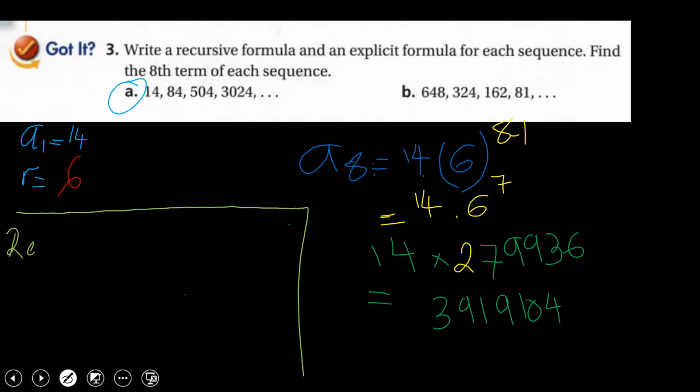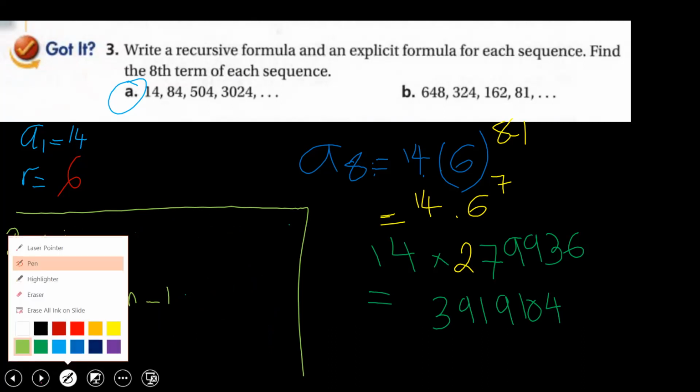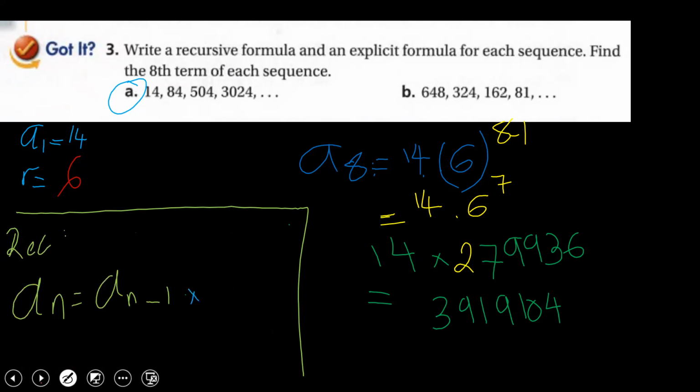Now, to find the recursive formula, I need the previous term times R, which is 6. So this will be the recursive formula. If I want to find now A sub 8, he told me you have to find A sub 8 for both of them.